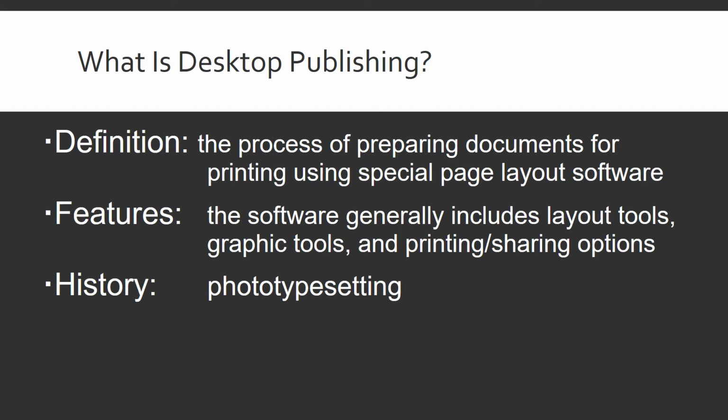Now, before we had desktop publishing software, we had something called photo typesetting. And photo typesetting was a way of arranging the text through the movable type features that go back to maybe more than 1,000 years ago, or around 1,000 years ago.